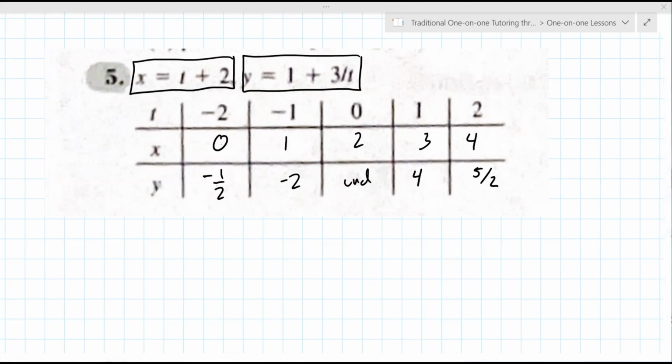And then in terms of what the graph looks like, look for that here. T plus 2, 1 plus 3 over t. We're starting at minus 2 to 2. Interesting. Okay.